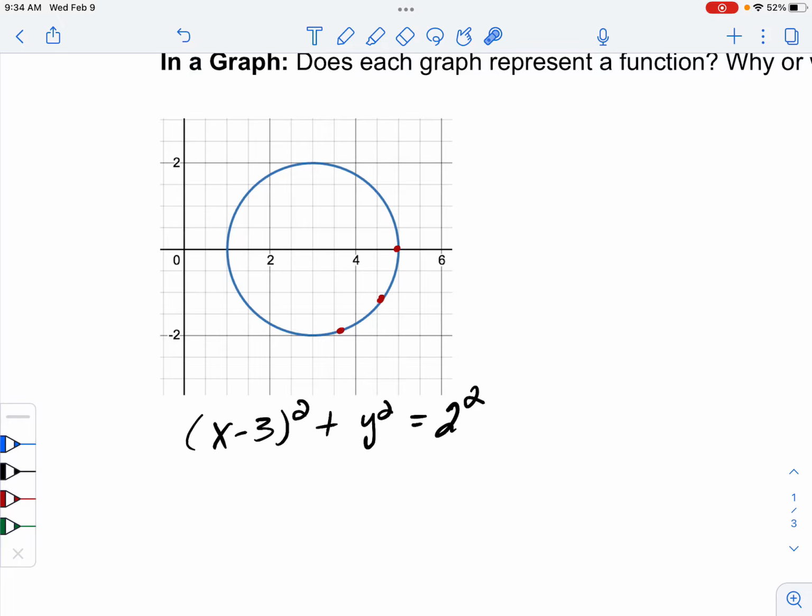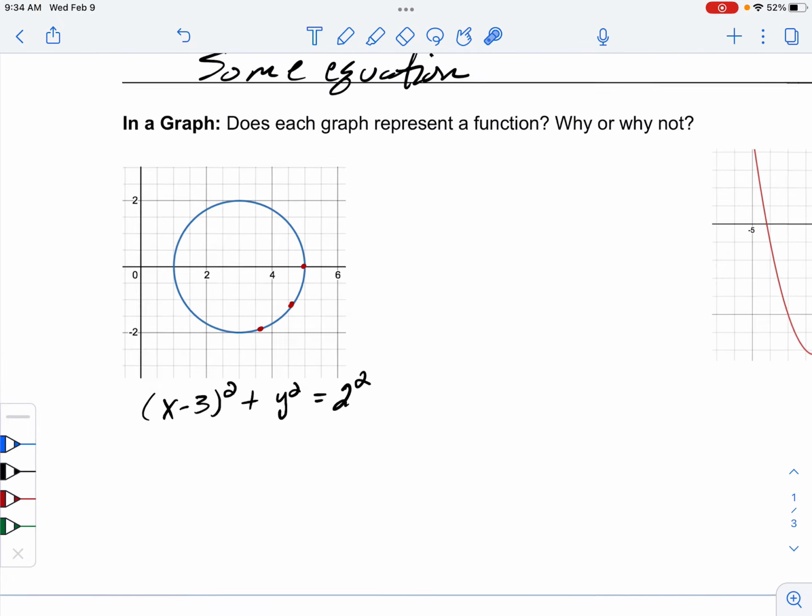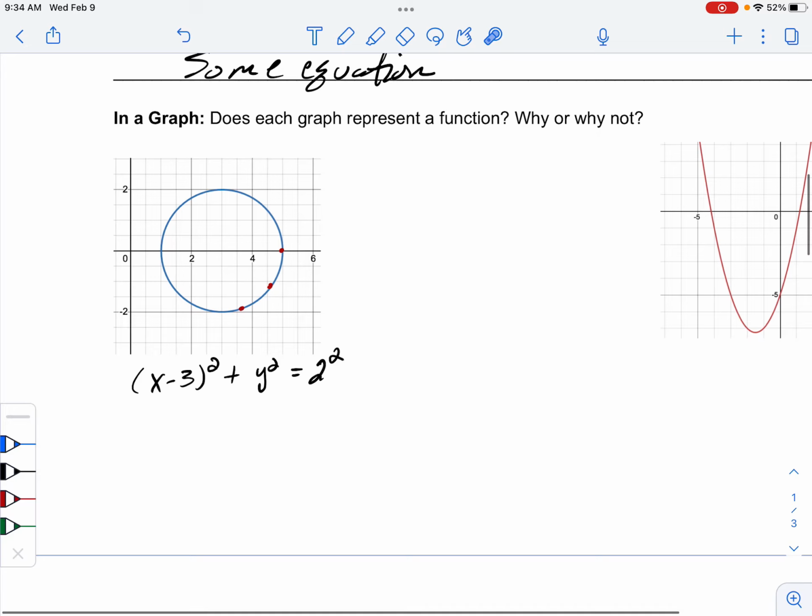If we're thinking about whether or not this is a function with a graph, again we want to think, does each input, or each x value, correspond to exactly one output? In this case, it does not. Let's look at this point. If I have an x value of 3, there are two points on this graph that have an x value of 3.